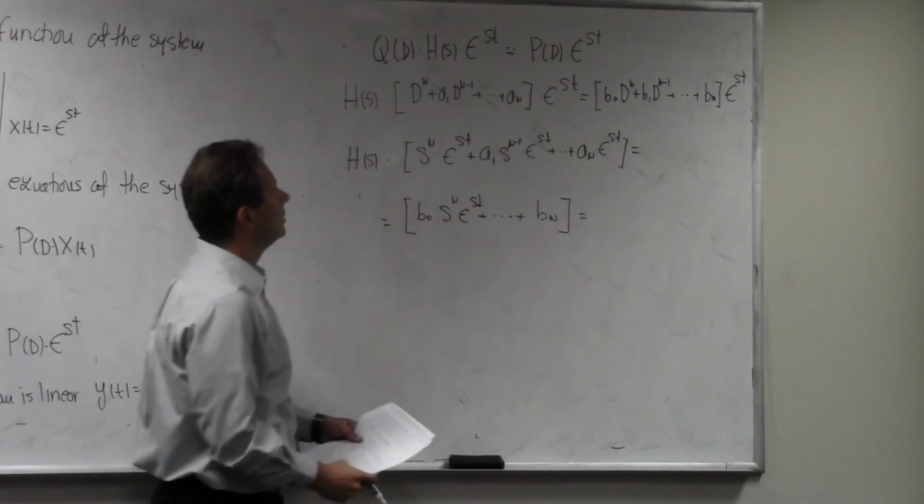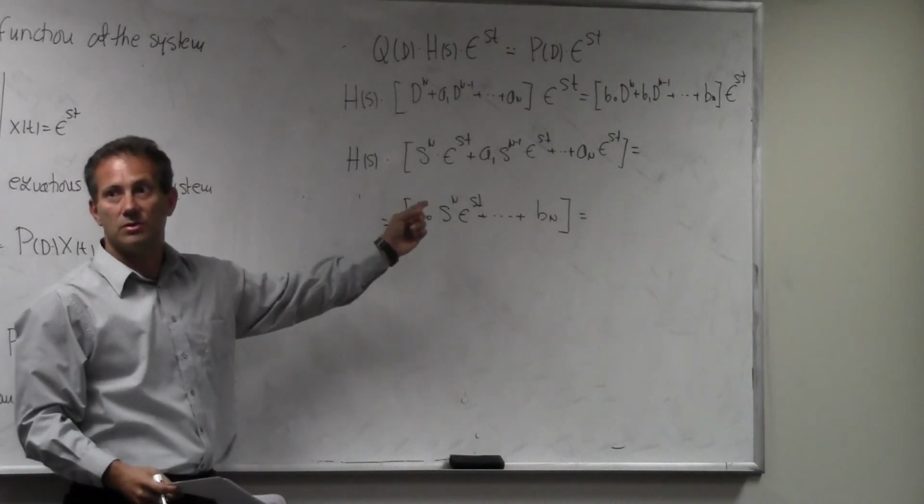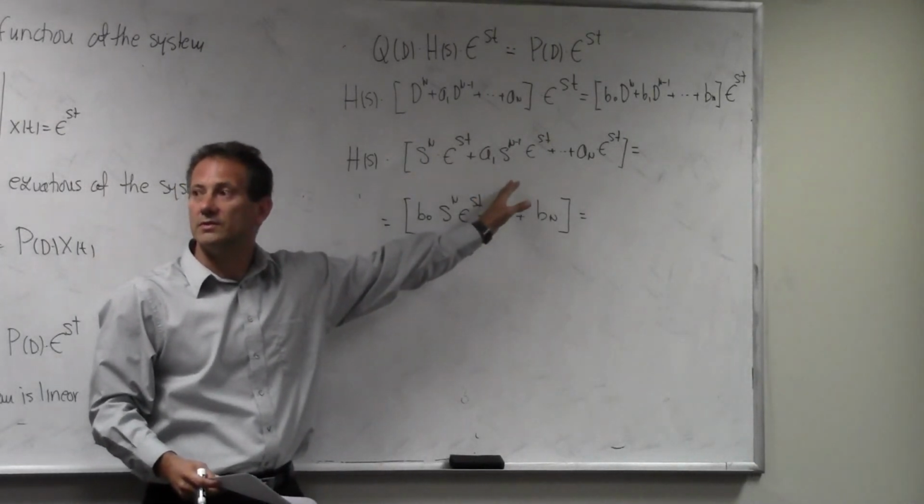Now you can pull out e to the st and cancel it because you've taken all the derivatives.